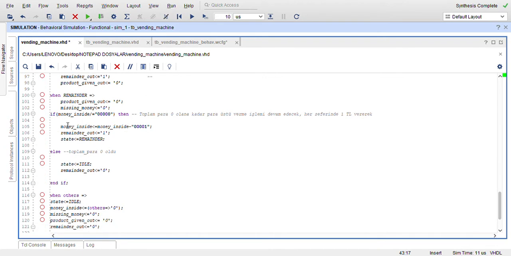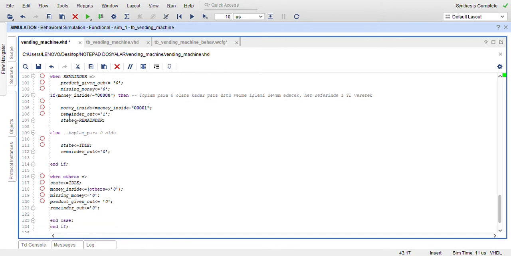It has an if: if money inside is not equal to 0, then money inside is equal to money inside minus 1. Reminder output 1, state reminder. It shows that there is still money inside the vending machine, so we have to give this money to the customer. Else, which means money inside is equal to 0, state will be idle and reminder output will be 0.